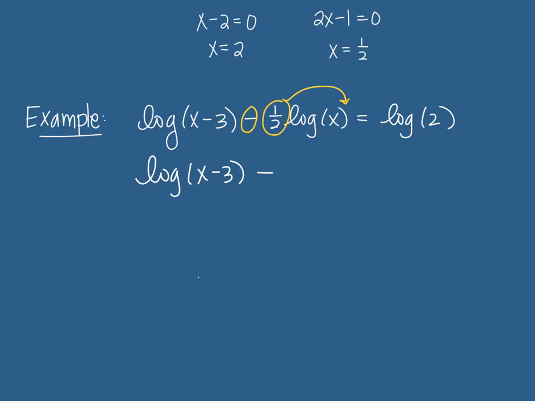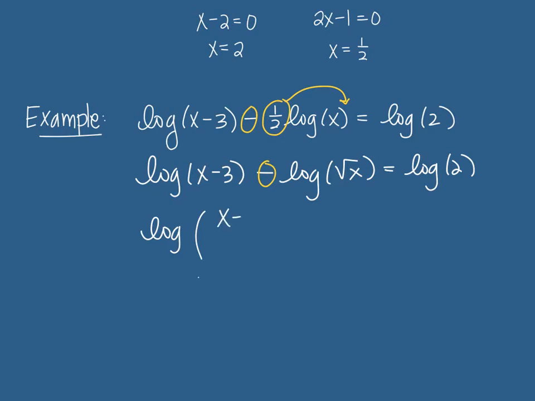And so this fraction is going to go back into a radical, and this is going to be the radical of x. Okay, the fraction goes back into a radical if you're doing the property the opposite way. Then I do my subtraction, which turns into a division problem. So one big set of parentheses, and x minus 3 over rad x. And then I just have the log of 2 on the other side.